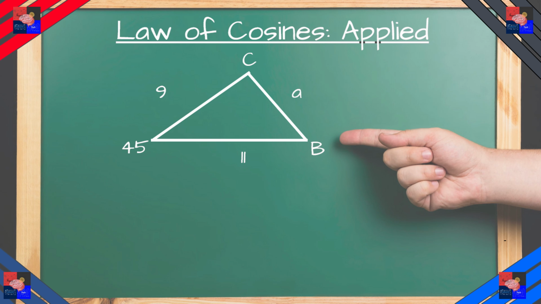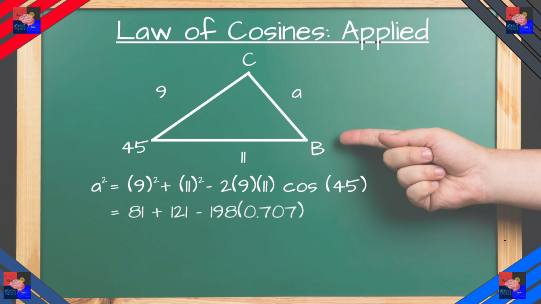In this triangle, we have sides 9 and 11 with angle 45 degrees. Here, a squared is equal to 9 squared plus 11 squared minus 2 times 9 times 11 cosine 45 degrees. So we have 81 plus 121 minus 198 times 0.707.